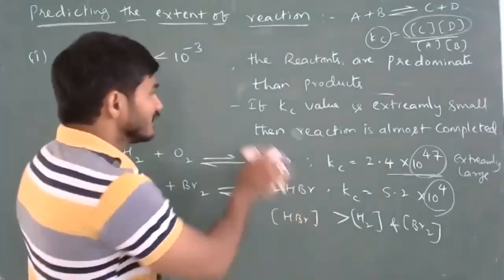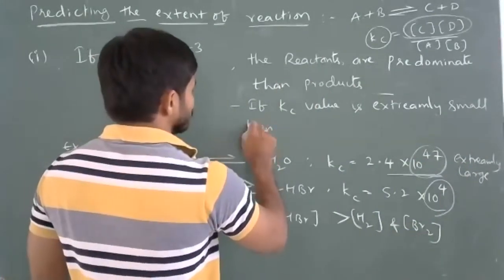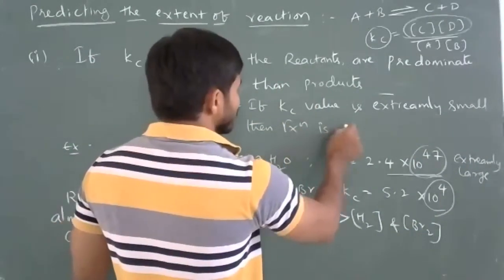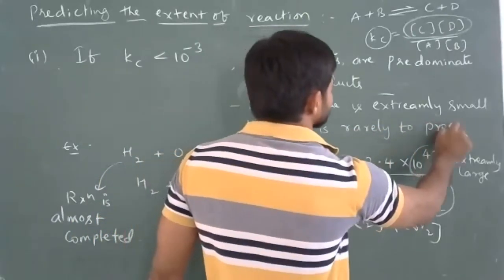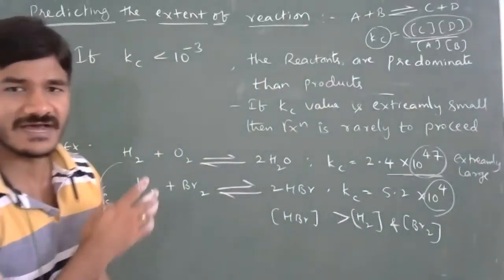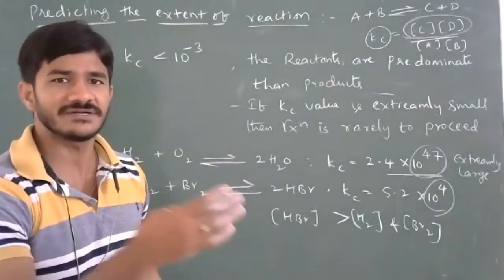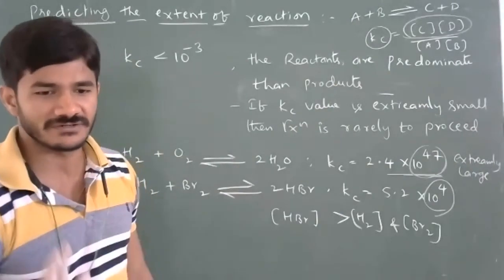So I write it here: then the reaction will not proceed, or the reaction rarely proceeds. Reactants are as they are, they are not going to convert into products.